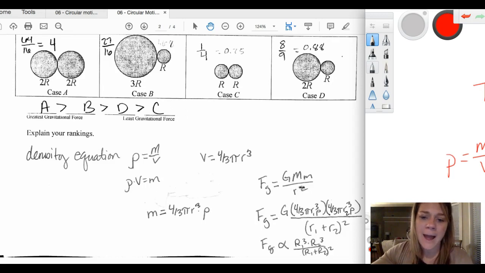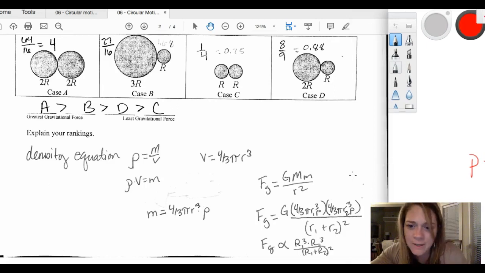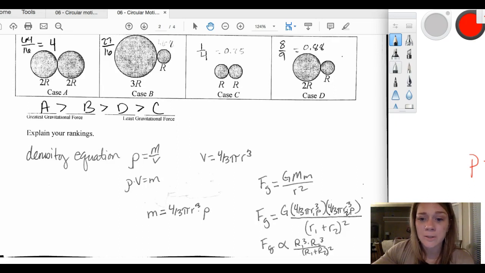But now I have a new expression for mass, and you can see that this is where it got pretty tedious, because I plugged in the expression for mass into both of these variables here, and I did R1 and R2, because that was the radii of the spheres, and they were actually touching each other. So the total distance between their centers was the two radii added to each other.